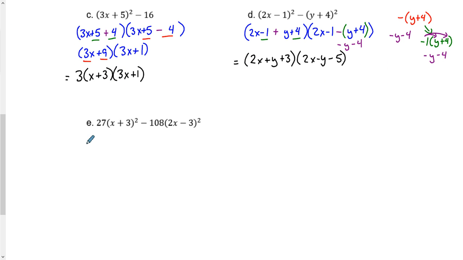Absolutely there is. It's 27. When we factor a 27 out of this term, we would be left with an x plus 3 squared. When we factor a 27 out of this term, we'd have a 4. And we still have this 2x minus 3 squared.